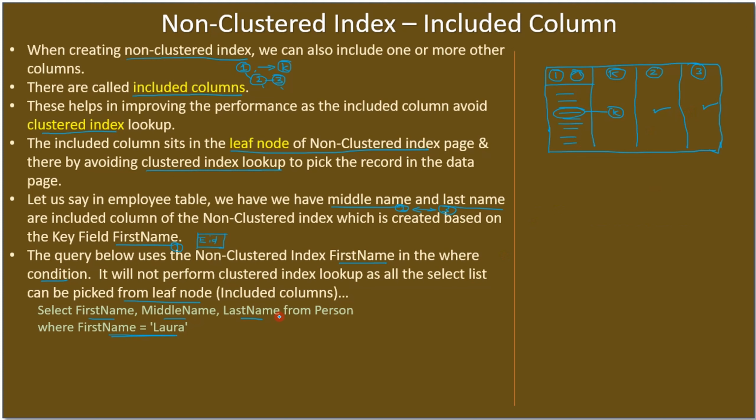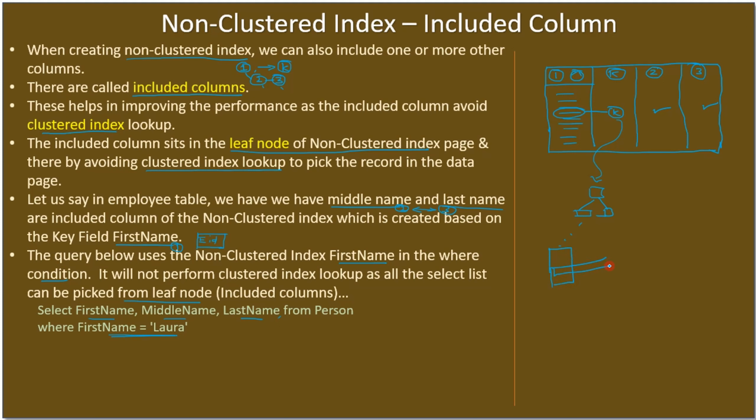Suppose this select list contains one more column called salary and that's not part of the included columns, then it will go with a non-clustered index key lookup and reach the data page.